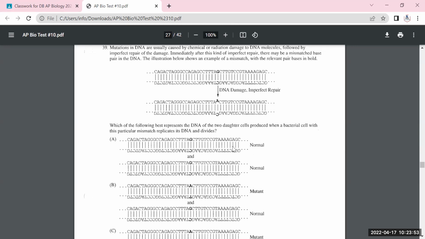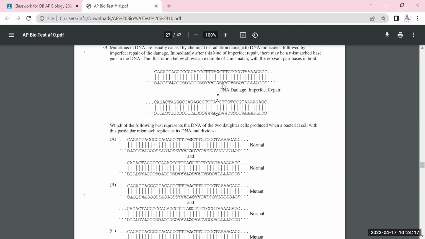Okay, mutations in DNA are usually caused by chemical or radiation damage to DNA molecules, followed by imperfect repair of the damage. Immediately after this kind of imperfect repair, there may be a mismatched base pair in the DNA. The illustration below shows an example of a mismatch with the relevant base pairs in bold.